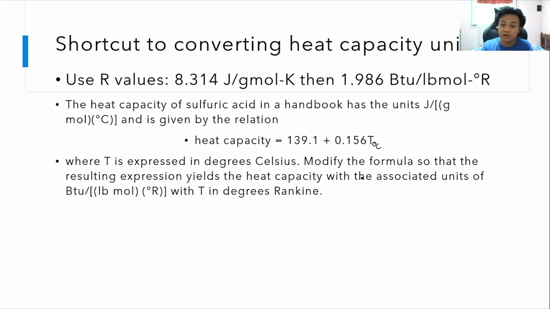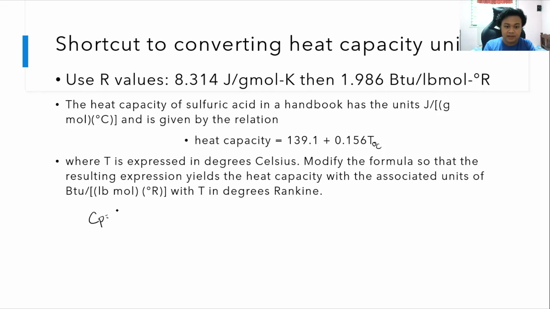You have to modify the formula so that the resulting expression gives the heat capacity in BTU per pound mole per degree Rankine, with T in degrees Rankine. So let's write the expression first.